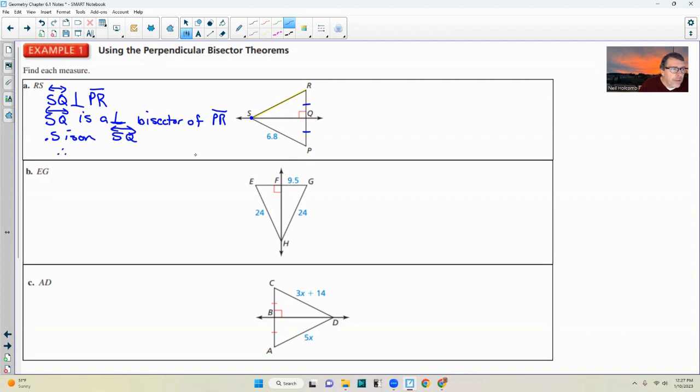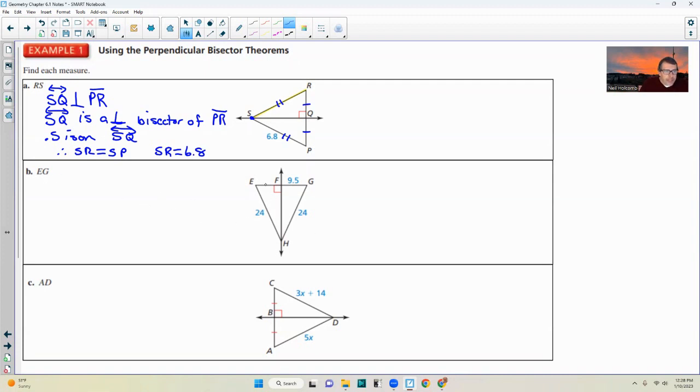Therefore, SR is equal to SP. Okay, a point on the perpendicular bisector is equidistant from the two endpoints. So now I can say SR equals SP. And since SR equals SP and SP equals 6.8, SR must also equal 6.8. Okay, so that's how you do this.